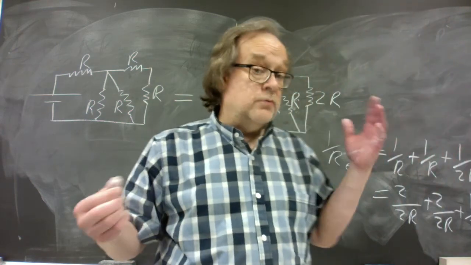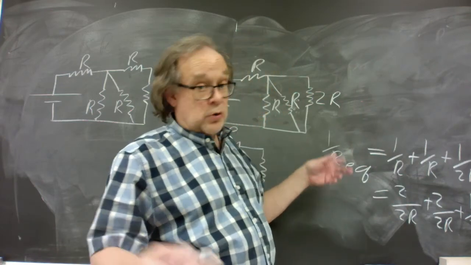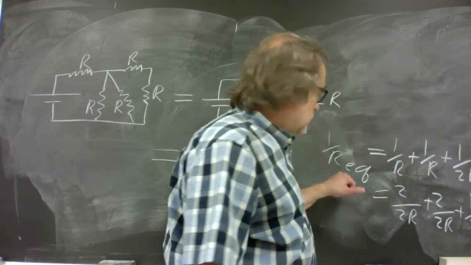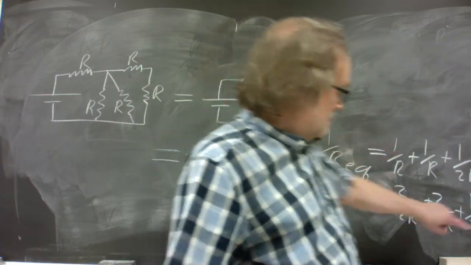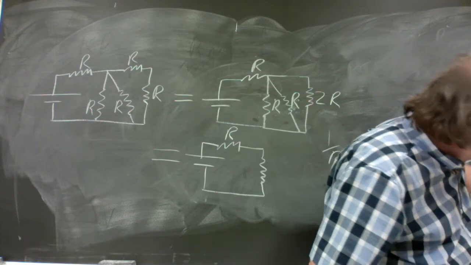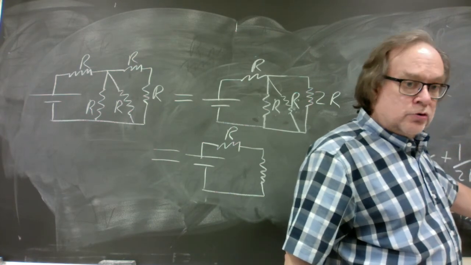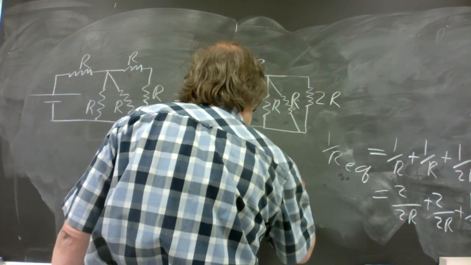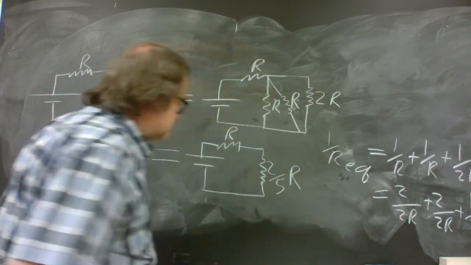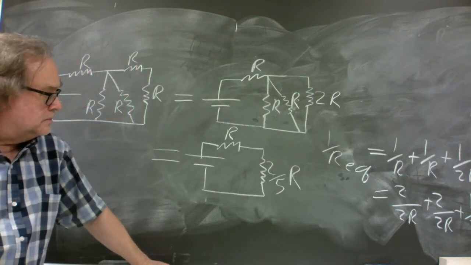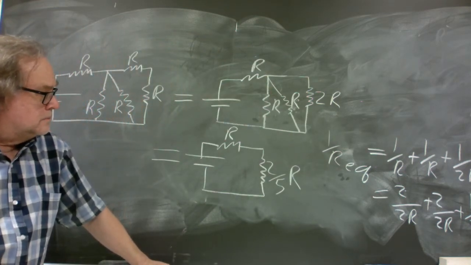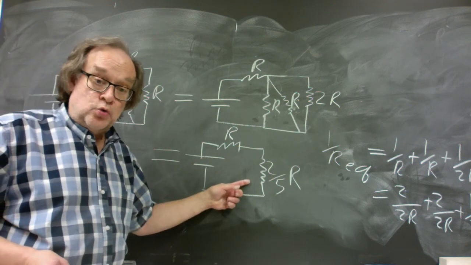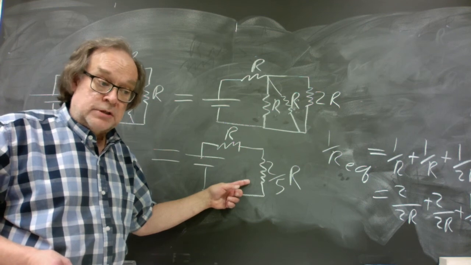That's the inverse of the equivalent resistance. You know it's the inverse because you've got a resistance in the denominator. So equivalent resistance itself, you invert. Equivalent resistance itself is just the inverse of this, or 2/5 R. And then now we're left with nothing but 2 resistors in series.